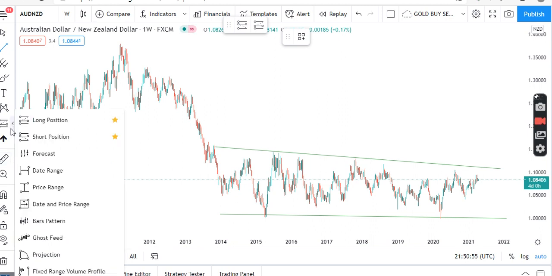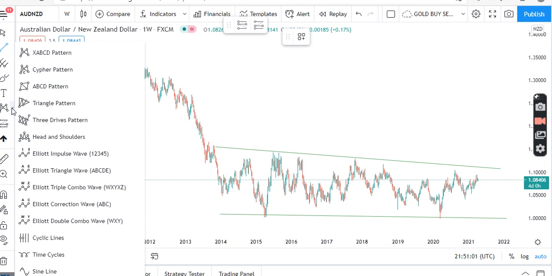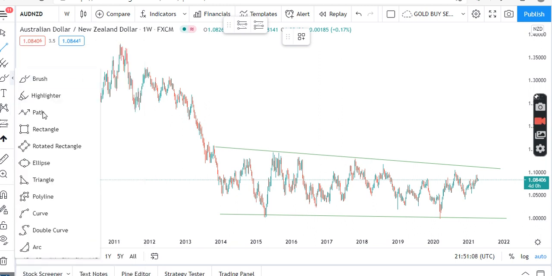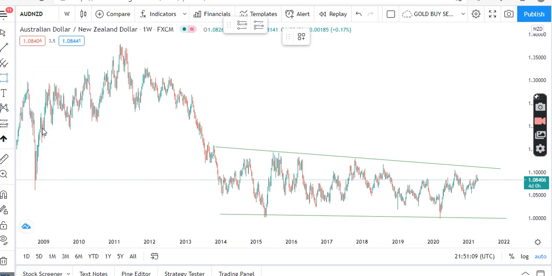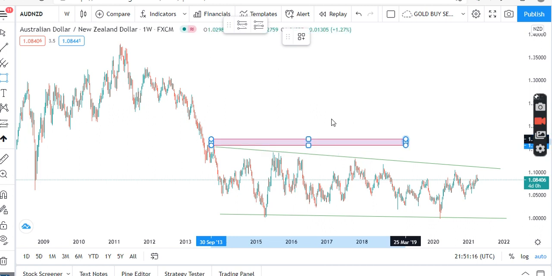So I'll try to find, okay, I don't know what's up, I can't seem to find my tools here. Okay, alright, here you are. So let's see if we can draw that. No, we can't.